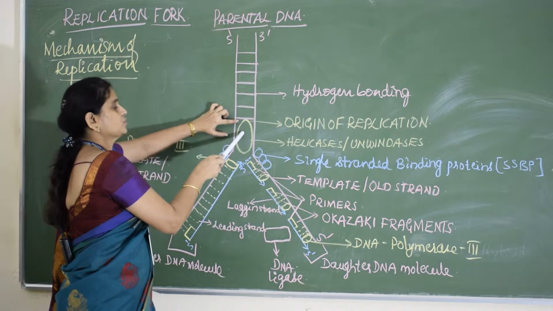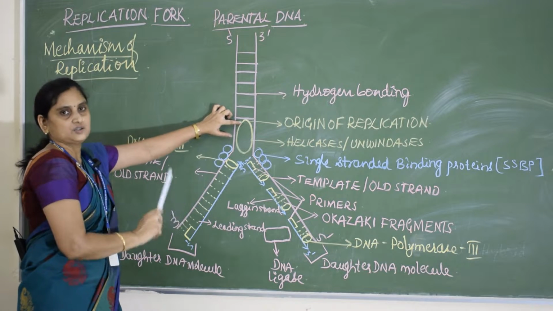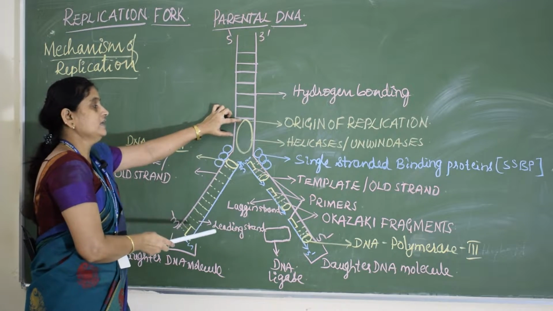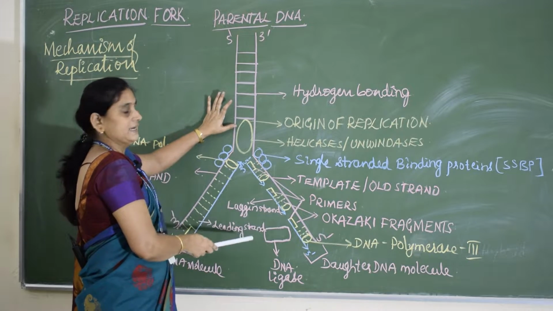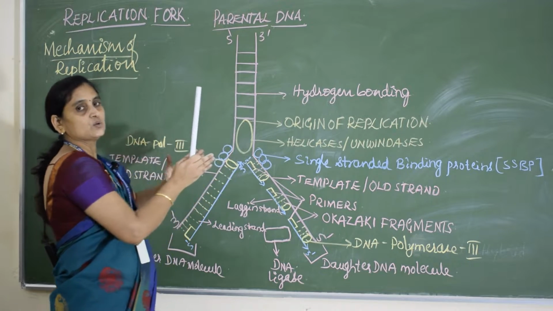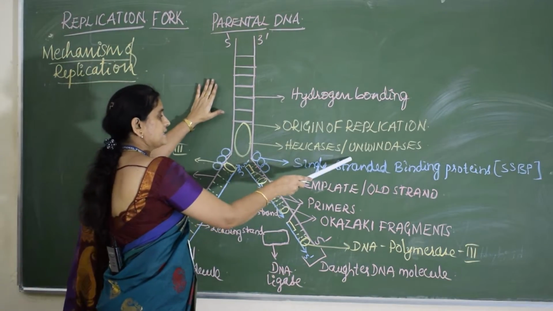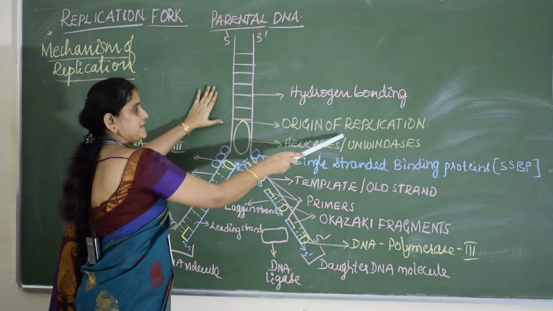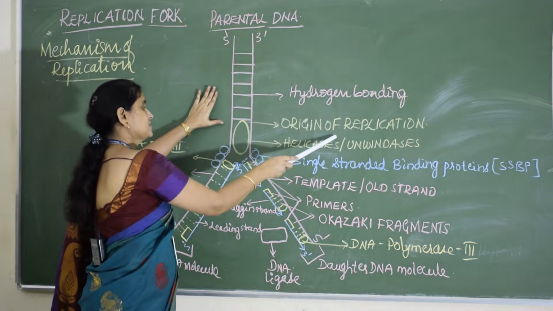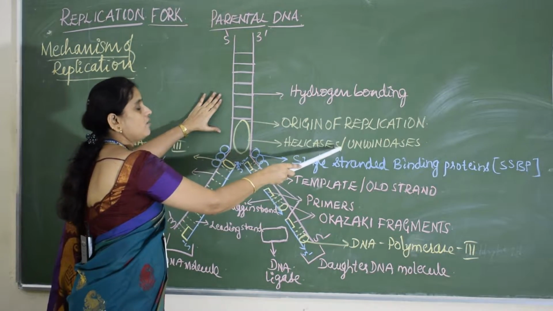They bind to it and start moving along the two strands of the DNA helix. As soon as they start moving, the two strands slowly get separated. So the helicases or unwindases are the enzymes which bind to the origin of replication initiation site and start DNA unwinding, or separation.